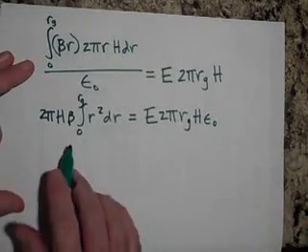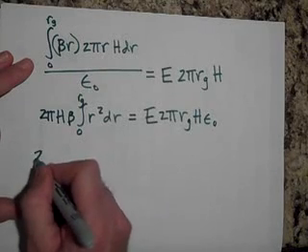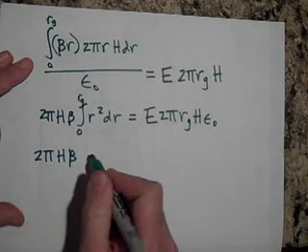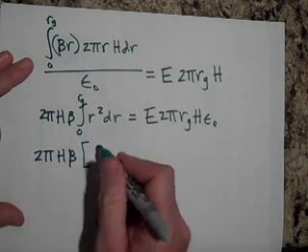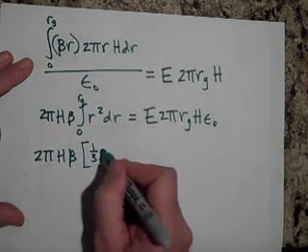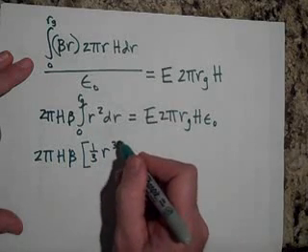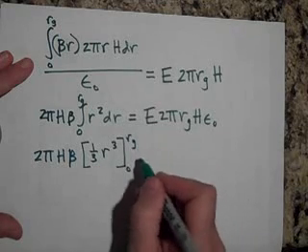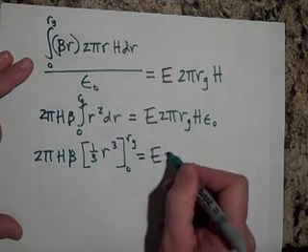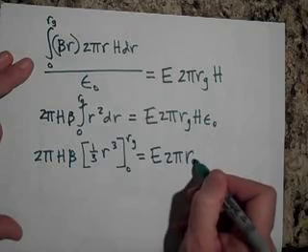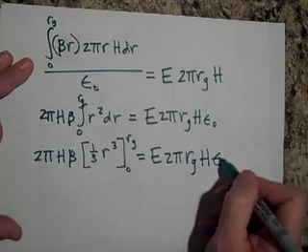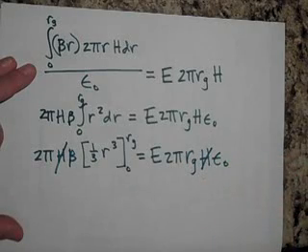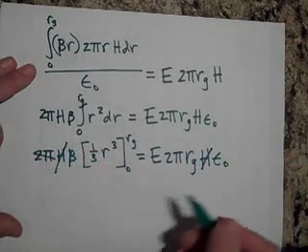Okay, let's take this integral then. That's going to be 2 pi h beta, and then the value of this integral is going to be 1/3 r cubed from 0 to rg. I suppose we can get rid of the h and the 2 and the pi.